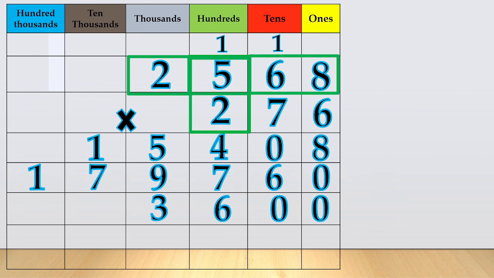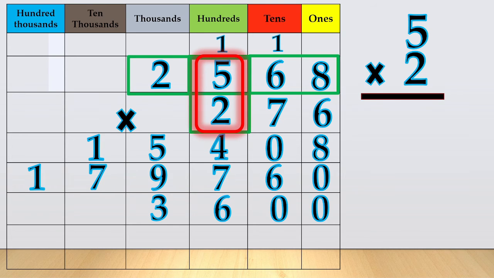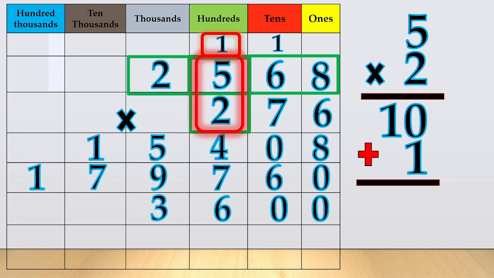Now, multiply 5 times 2. 5 times 2 is equal to 10. Add the 1 that we have carried over. So, 10 plus 1 is equal to 11. So, we need to regroup. 1 will be carried over in the thousand place column above 2 and 1 under the tens thousands column.